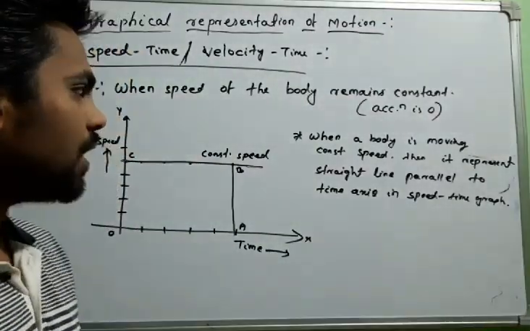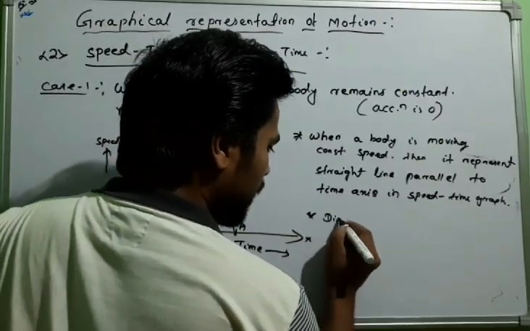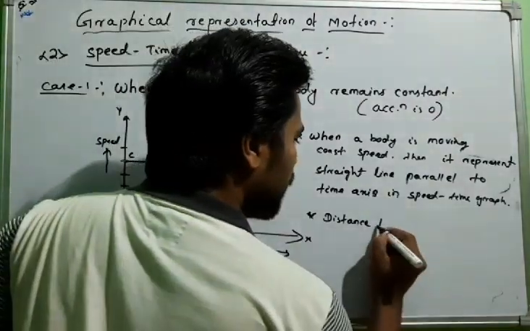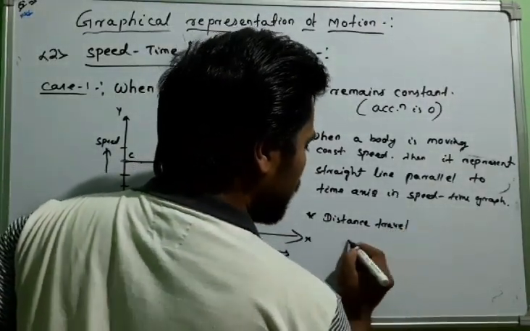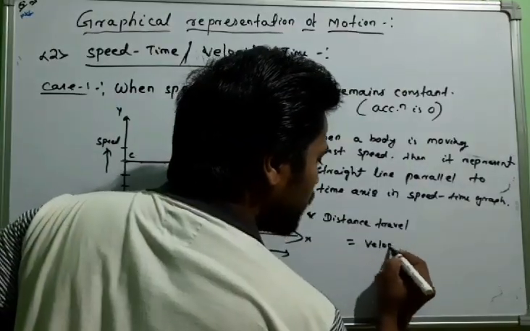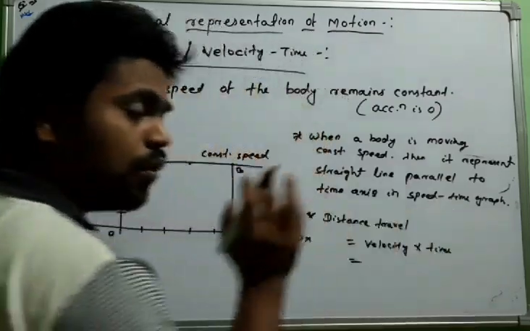Clear or not? If you want to know the distance traveled by the body, we know that distance travel is equal to velocity v into t, velocity into time, or speed into time.